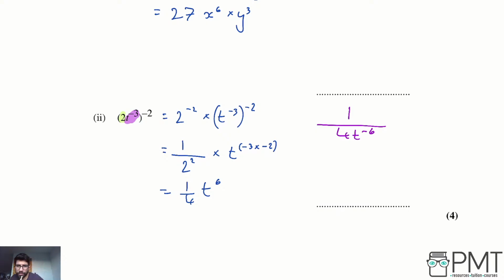Is that what you wrote? I think that's what you wrote. Is that the same thing? That is the same as 1 over 4 times 1 over t to the minus 6, which is the same as 1 over 4 times t to the 6.